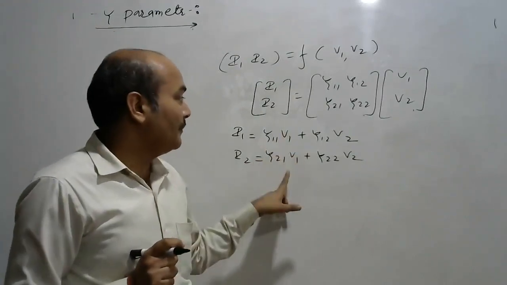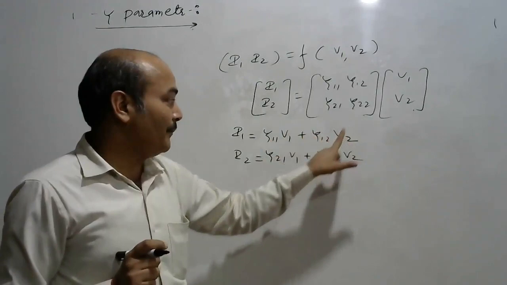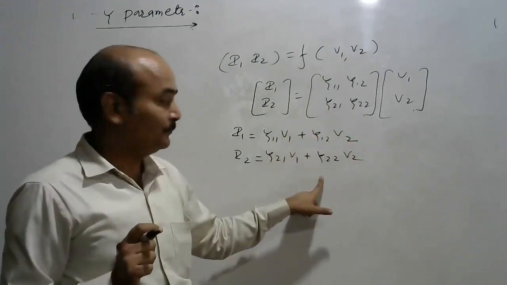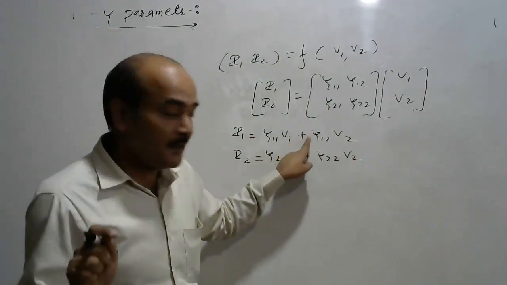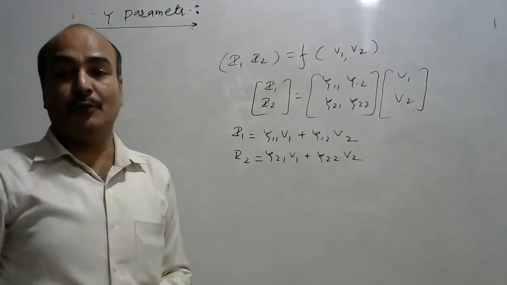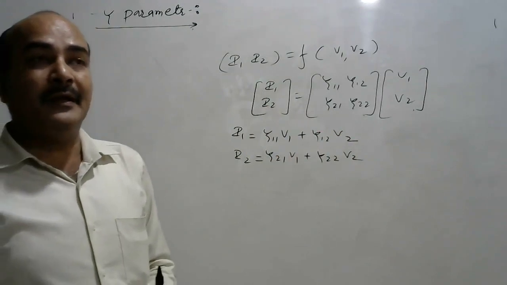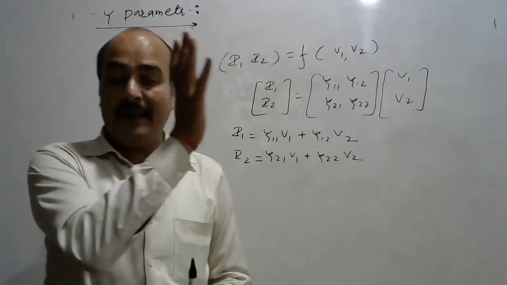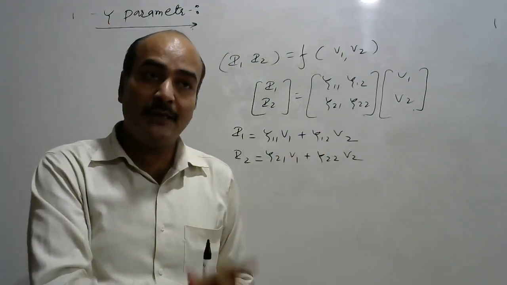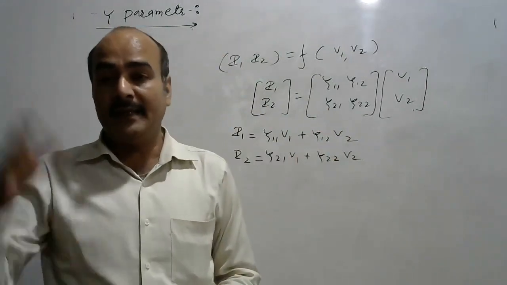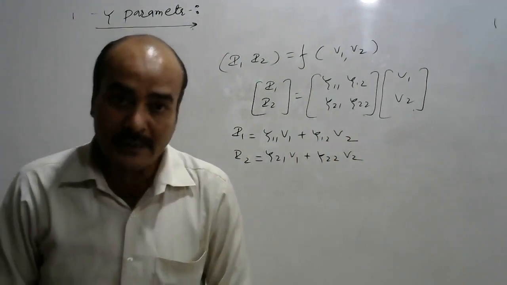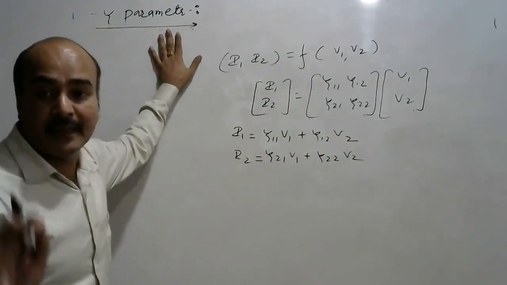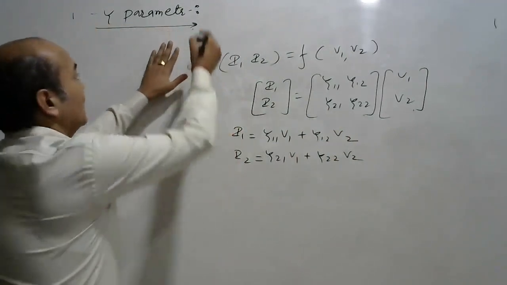And how can we calculate them? First, make V2 equal to 0 for Y11 and Y21, and for Y12 and Y22 make V1 equal to 0. That is, first we make the output voltage 0, meaning output short circuit, and the second time we make the input voltage 0, meaning input short circuit. So this parameter is also known as the short circuit parameter.